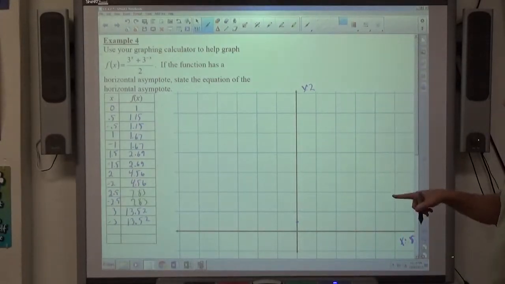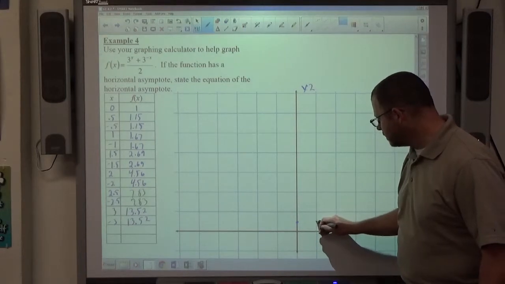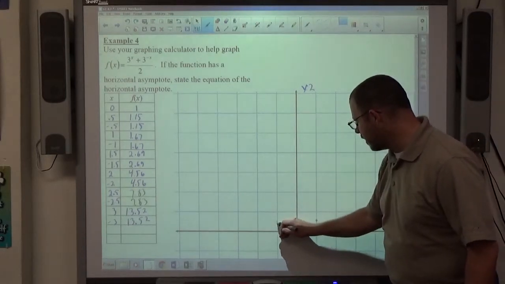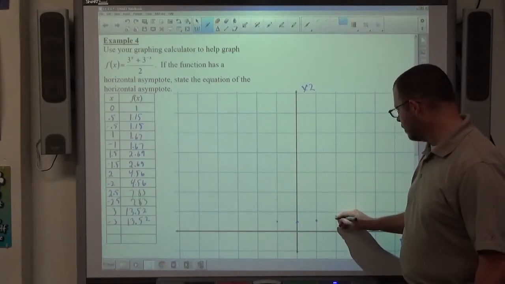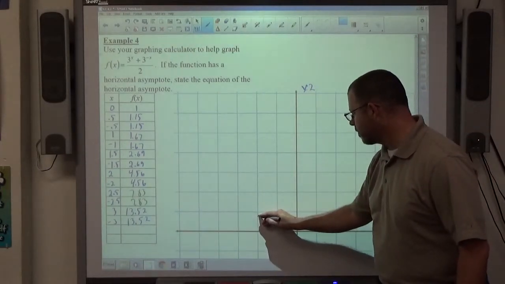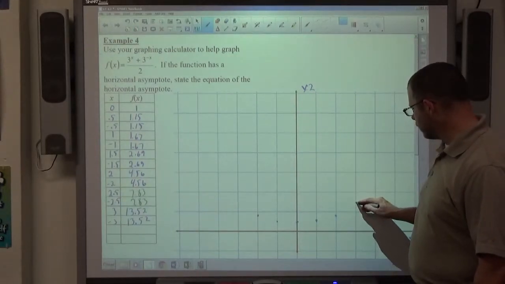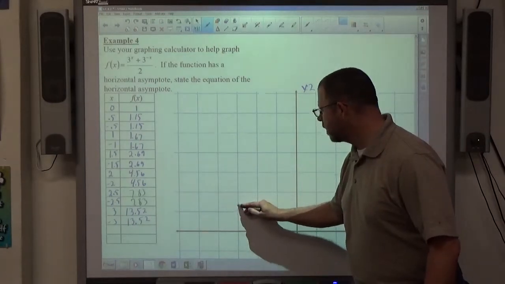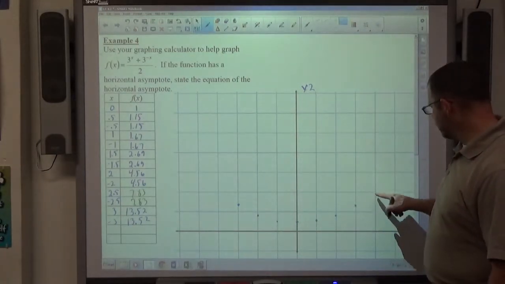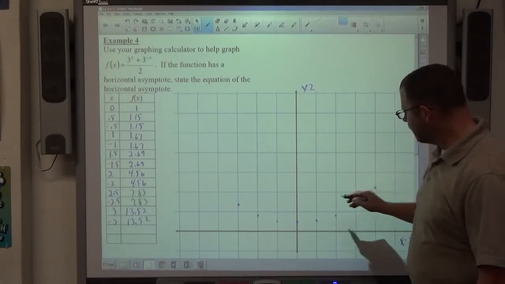So 0, 1's there. 0.5, 1.15 would be just a little bit higher, so just a little bit above halfway. And then we get 1.67, which is getting closer to 2, but not quite there yet. 2.69, we surpassed 2, and there's 3, so 2.69 would be a little bit below half. 4.56, 2, 4, 5 would be here, 0.56 would be about here.